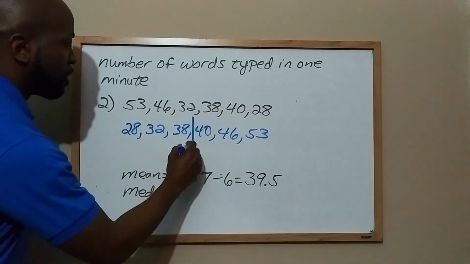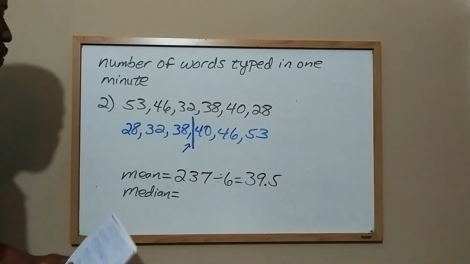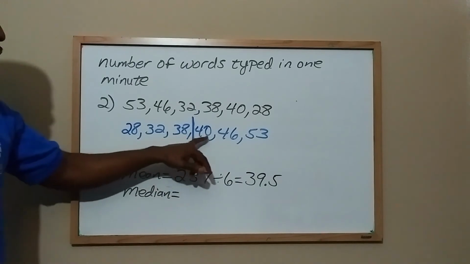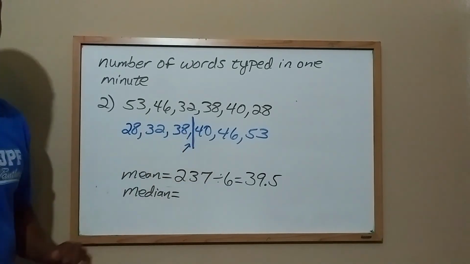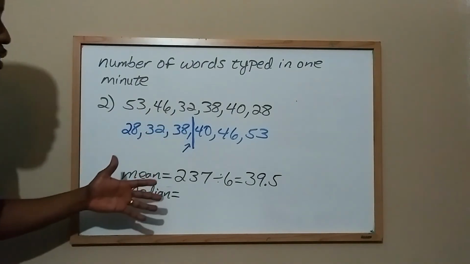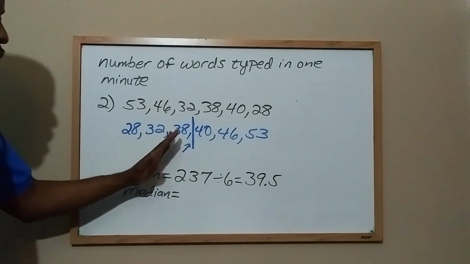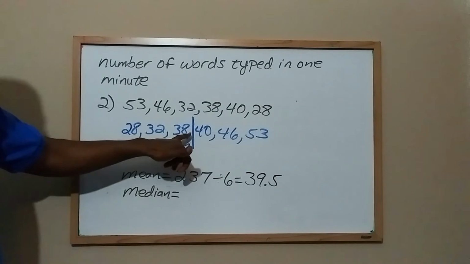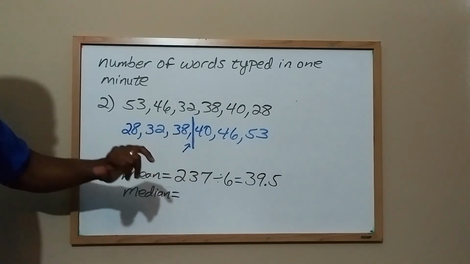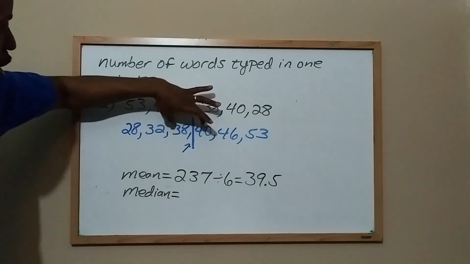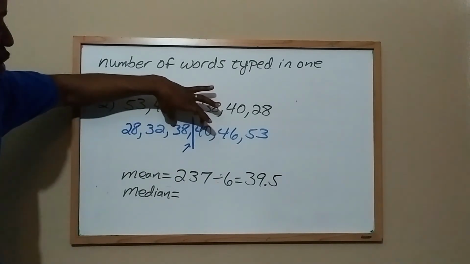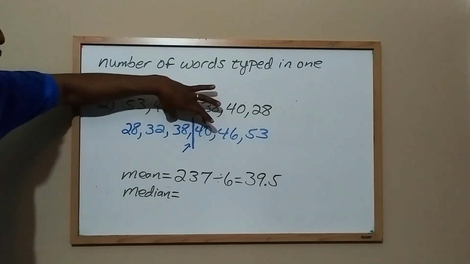In order to find that, I need to add up the 2 numbers where I split them and divide by 2. Just by looking at these numbers, we automatically know that 39 comes in between 38 and 40. All right, but let's do it where we add up the two numbers and then divide by 2, and then let's see if we get 39.